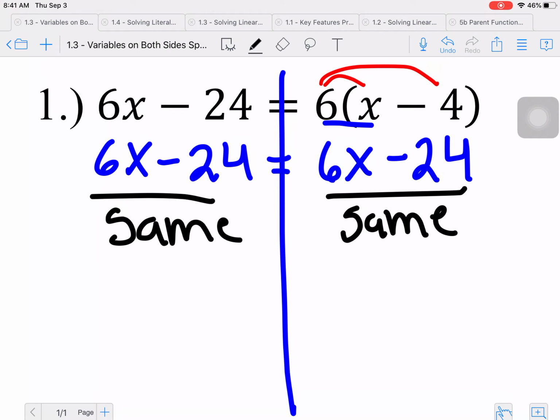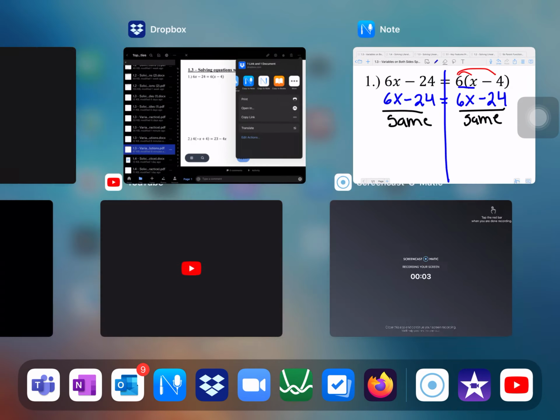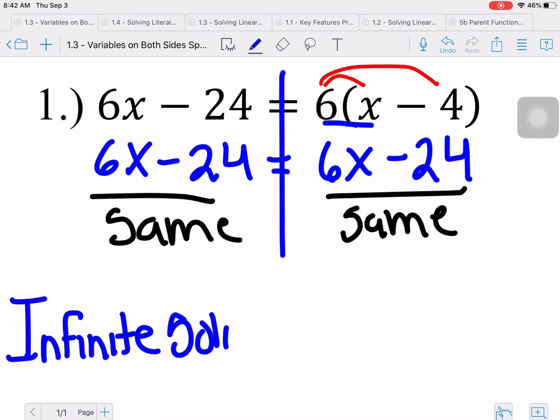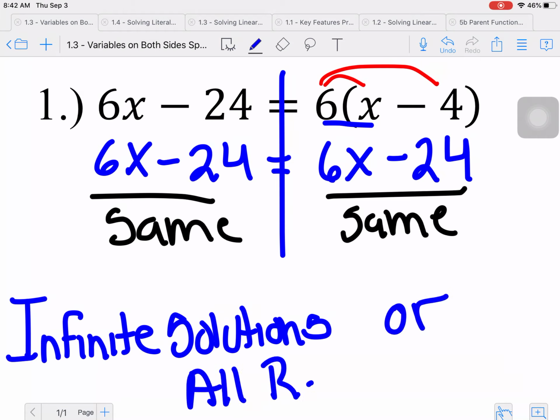Okay, so if you ever get an equation that is exactly the same on both sides, you have a special solution. The special solution is called infinitely many solutions. So the answer could be infinite solutions, or all real numbers.